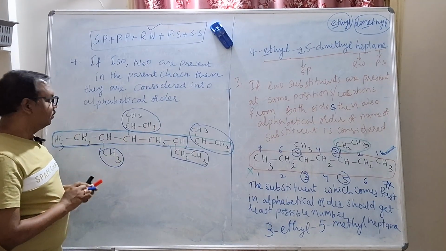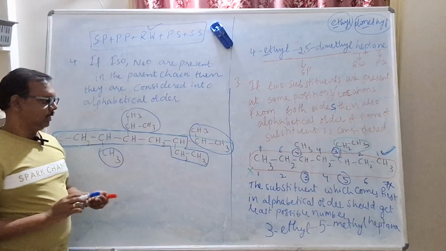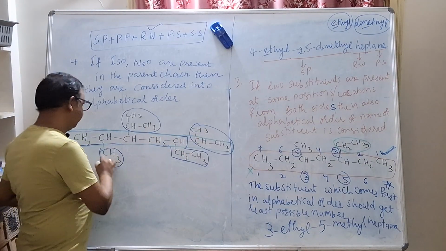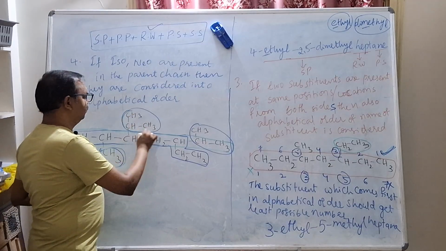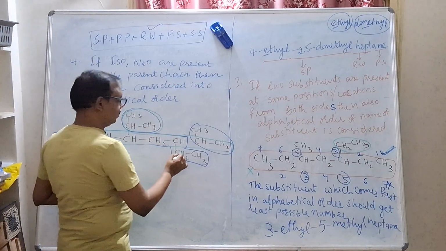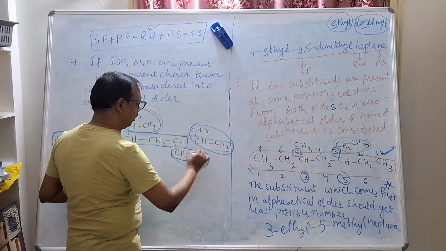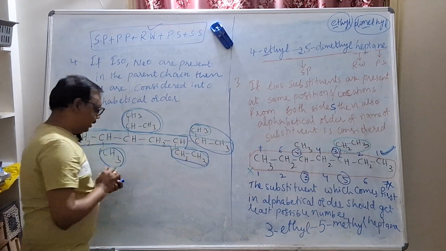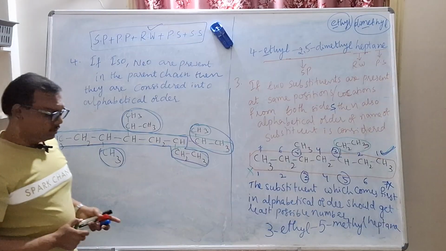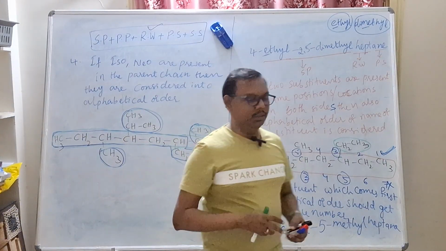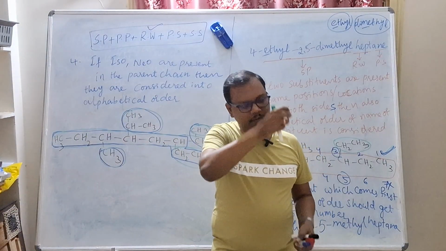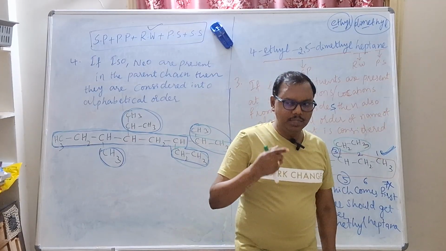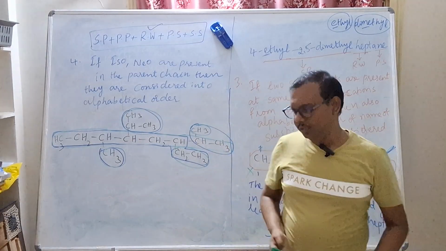And with respect to green, the straight chain, here it is 1, here it is 2, here it is 3, because the green one, it is a substituent now, and here it is 4. The carbon chain which contains more substituents is considered as the parent chain.